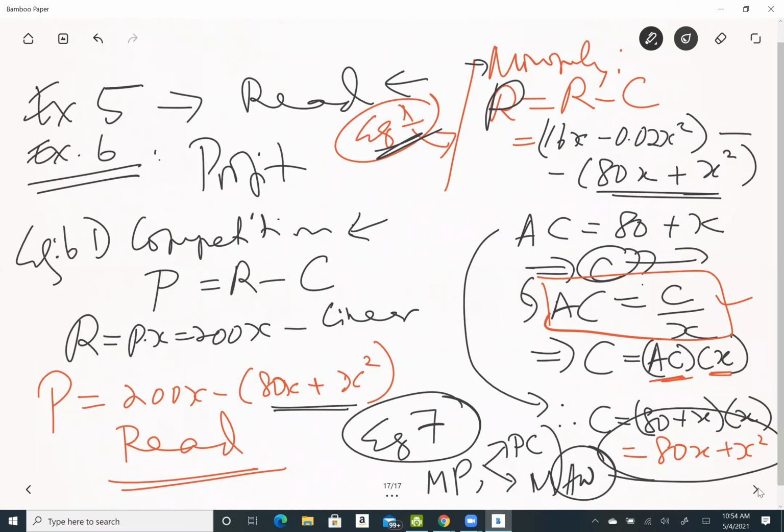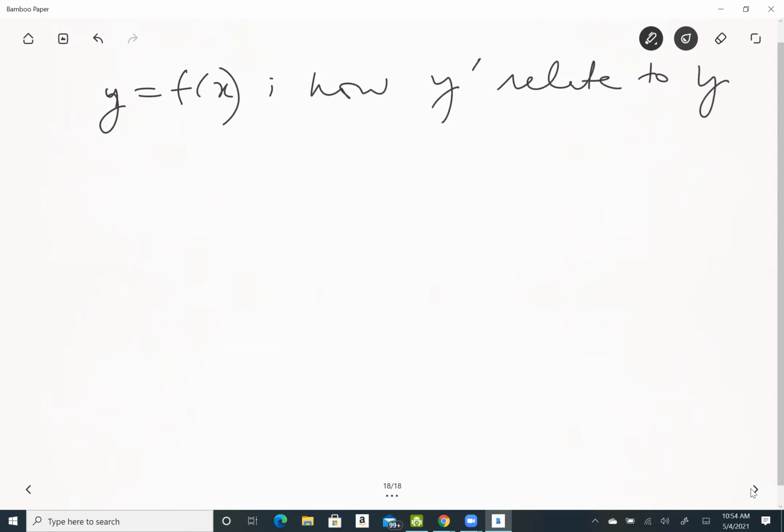What I want to do now, okay, we want to do the relationship between the derivative and the function. So given the function y equal to f of x, now what you want to see here, how y prime relates to y. All right. So let's consider one function, and we will do a certain relationship.